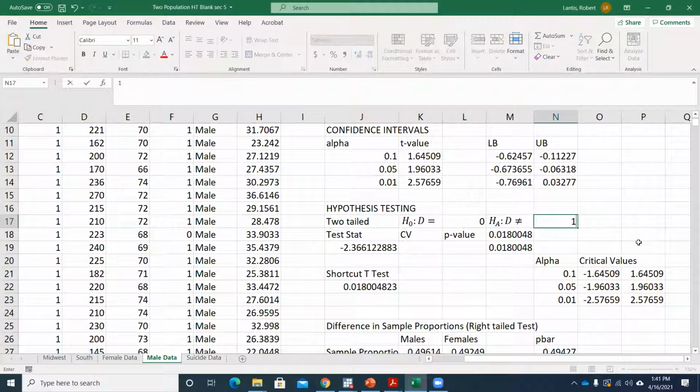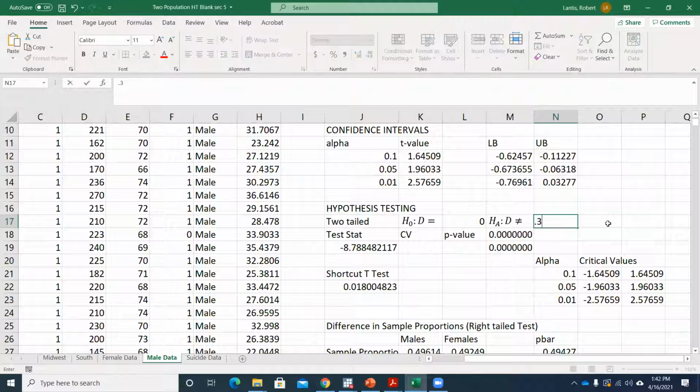But let's say we had an example where I did want to say, is that assumed true difference something other than 1? Or if I had a right-tailed test, it probably makes a little more sense. Like, is the difference greater than 1 or greater than 2? Well, notice if I put a 1 in here, it updated my test statistic and my p-value.